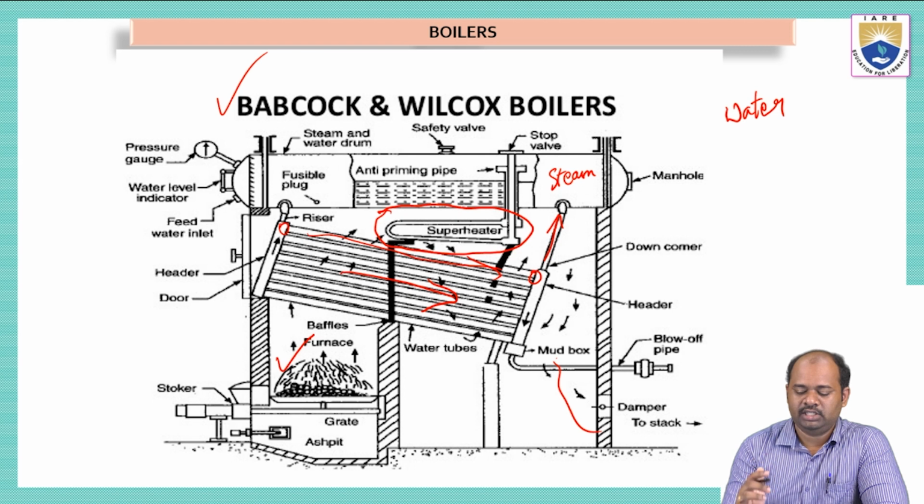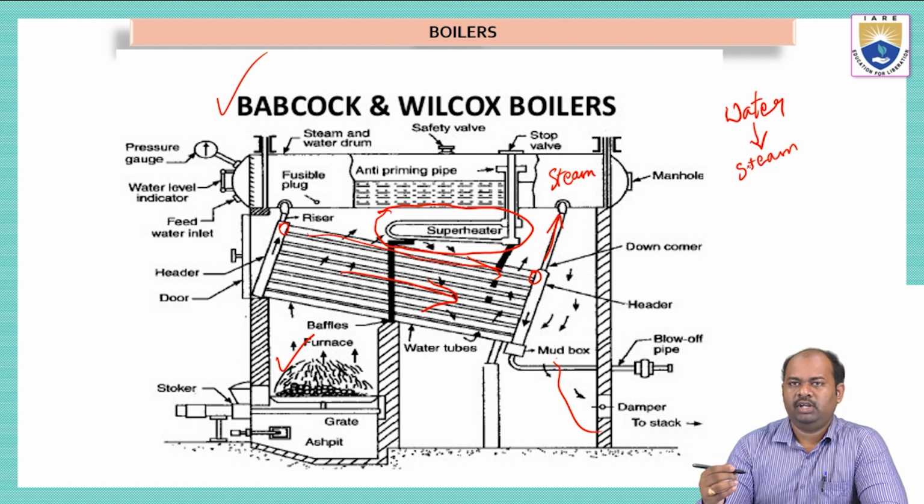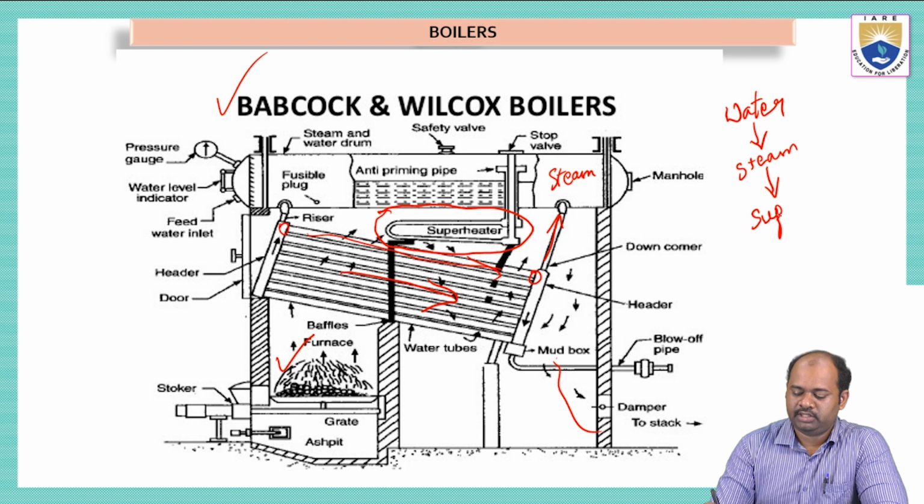Now the steam which is generated in these tubes will be once again sent into this superheater for further heating. Generally the water, when it is heated, will be converted into steam. Now this steam will have some moisture particles inside. When this steam is further heated, we will get superheated steam.